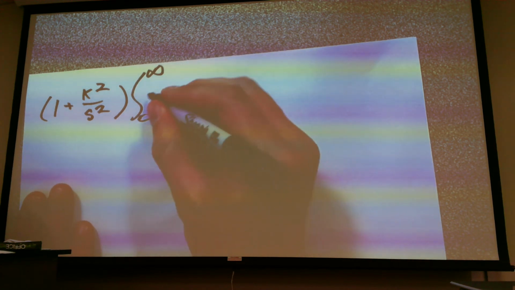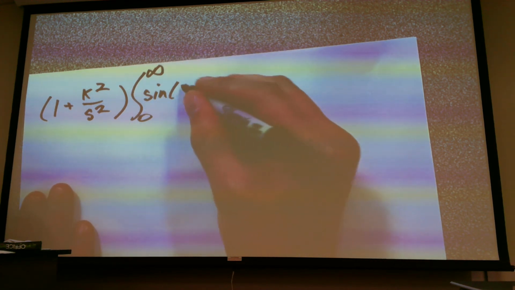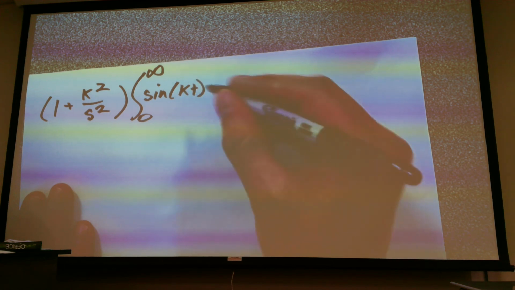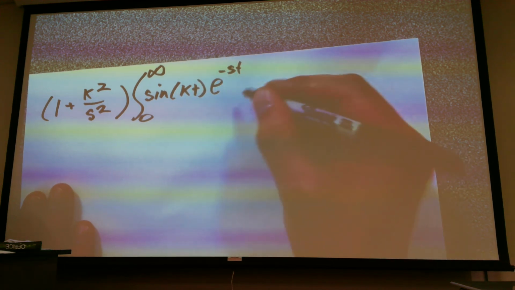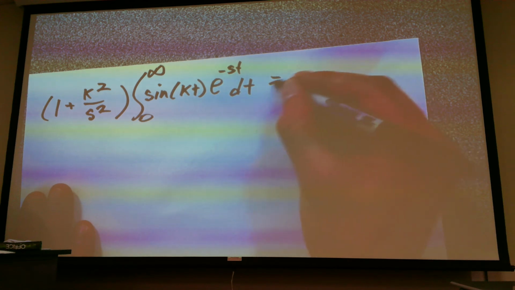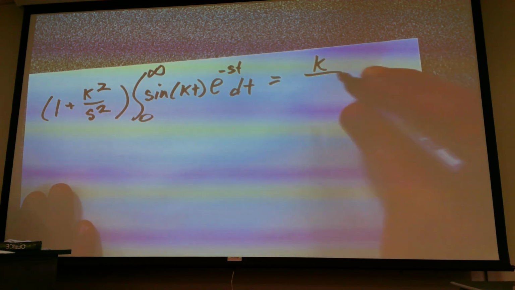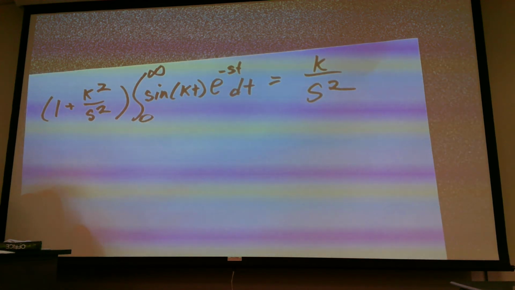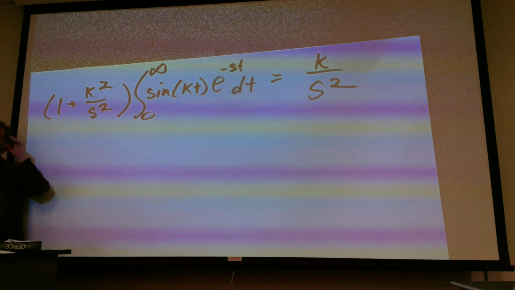So 1 plus k squared divided by s squared times the integral from 0 to infinity of sine of kt e to the minus st with respect to t is going to equal k divided by s squared, okay? And now I'm going to divide by the numbers that are on the left-hand side of the problem.